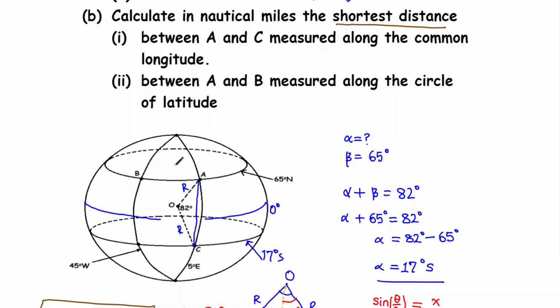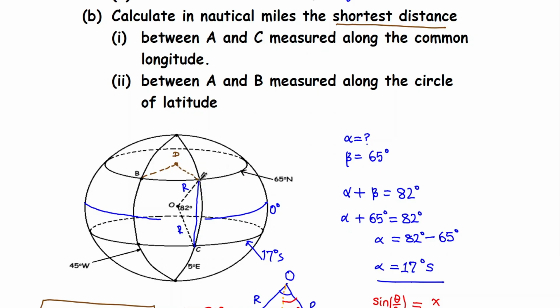We are going to take some point at the center here. Let's call this the center of this small circle at the latitude of 65 degrees north. Now, when we join this point B to our center, we can call this D as the center.